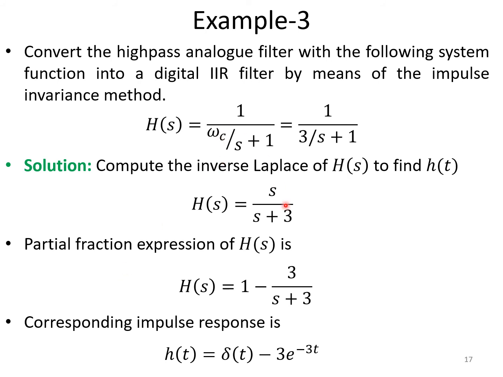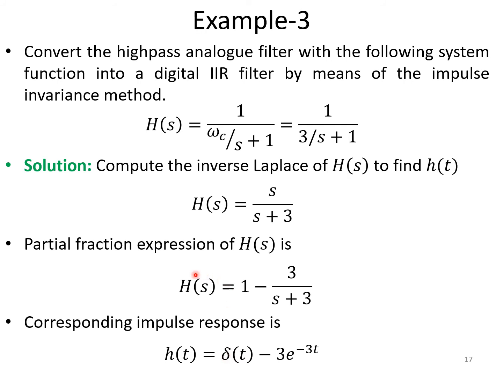Strictly proper here means the numerator polynomial and the denominator polynomial have the same degree. So in such conditions, usually what happens is that we have a constant in the partial fractions, like here, right? Whenever such a condition appears, we won't be able to sample the impulse response of the filter, right? Because of this impulse function here, it's impossible to sample this.